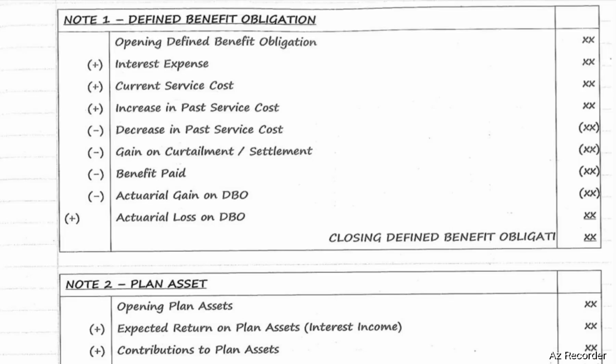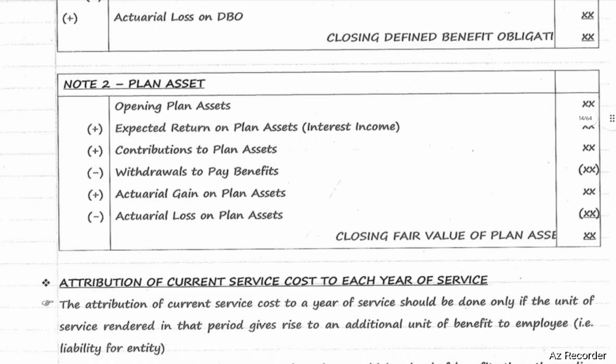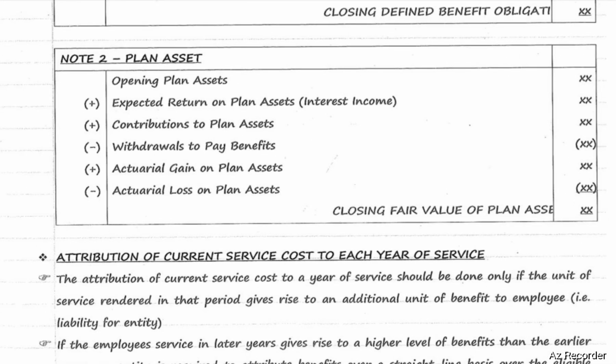We will get closing defined benefit obligation. Plan assets. How to calculate plan assets: opening plan assets plus expected return on plan assets, that is interest income, plus contributions to plan assets minus withdrawals to pay benefits plus actual gain on plan assets minus actual loss on plan assets. We will get a closing fair value of plan assets.